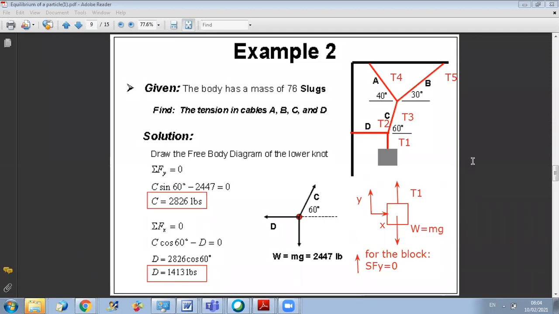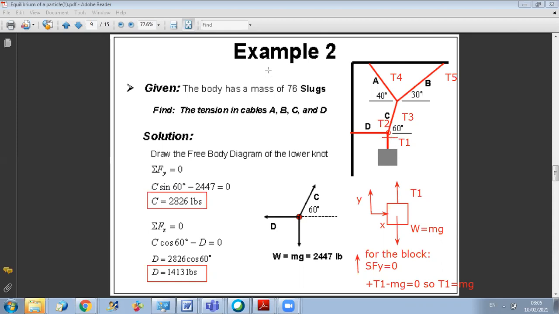Now, since I know the tension in cable 1, I can move to the analysis of this point here. This point is joining 3 cables, but I know the tension in 1 cable, because the tension is the same over the cable. So if I found that T1 is equal to mg, then if I do any cut at any point of the cable, I will have T1.